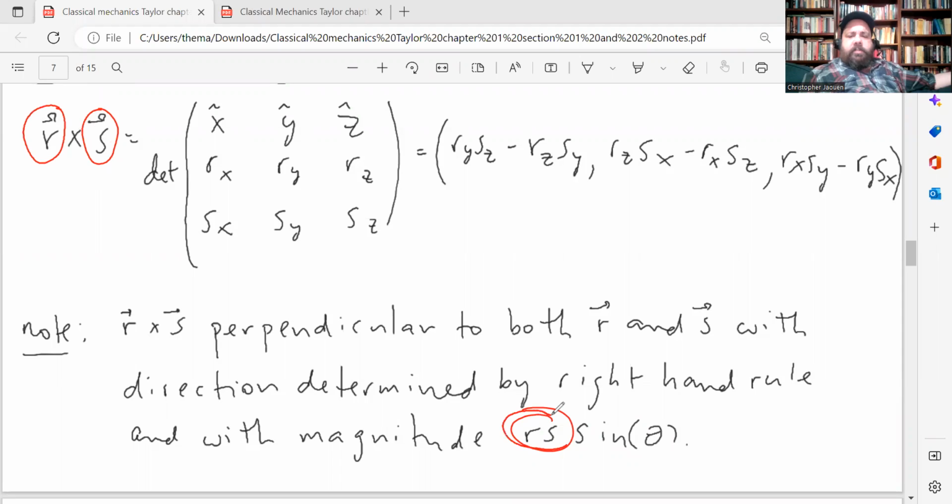But if you just write the letters here, by that he means the magnitude of the vector, the length of the vector. In Shiffrin and usually in multivariable calculus, we write the magnitudes like this, but in this book he writes it like that. It could be confusing, but if you pay attention, it's all right.